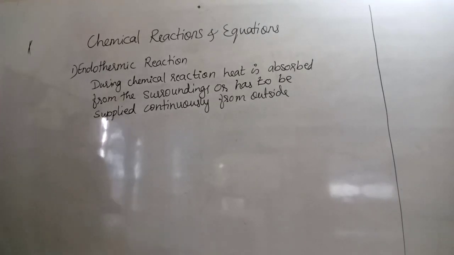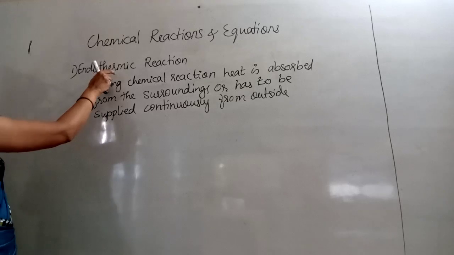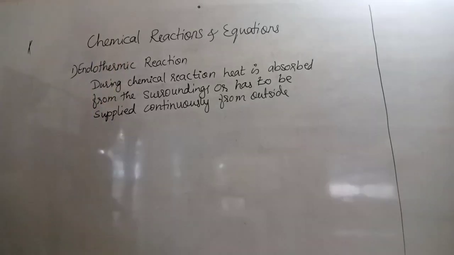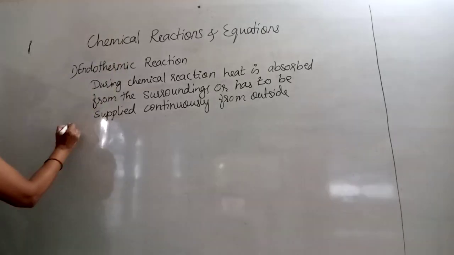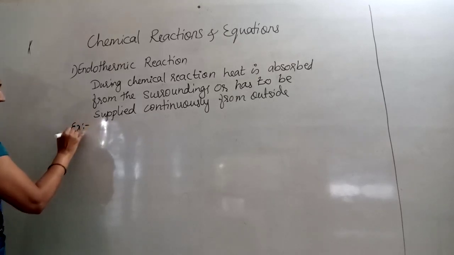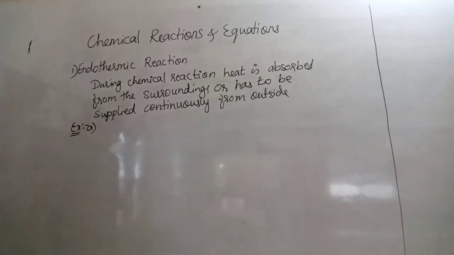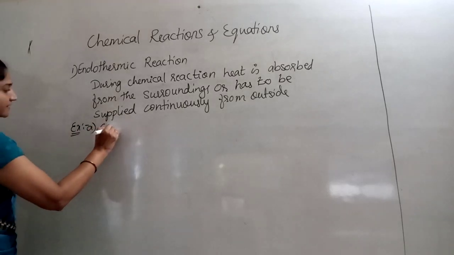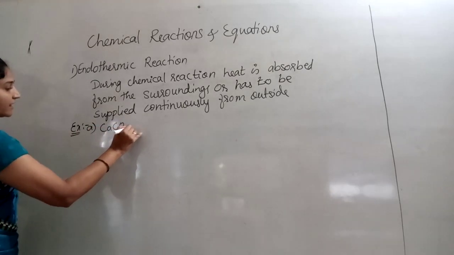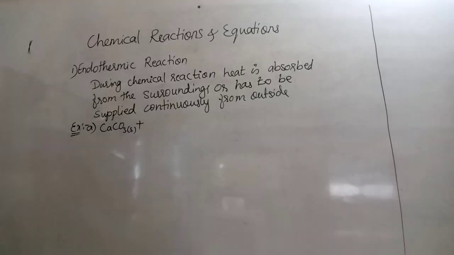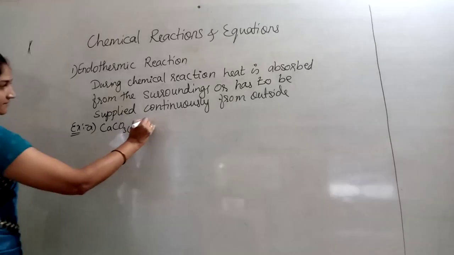So here, if heat is given from outside, or heat is going to be supplied to that reaction, then such reactions we say are endothermic reactions. So take down the example for an endothermic reaction. Here, calcium carbonate plus heat.